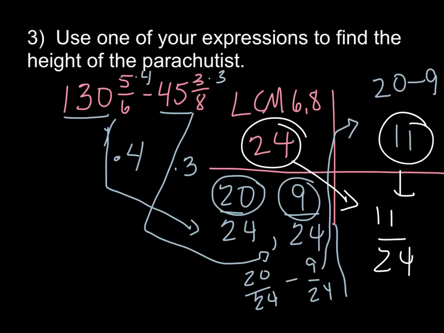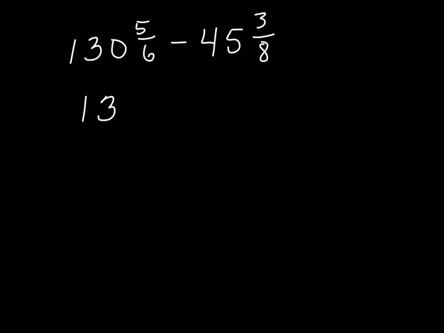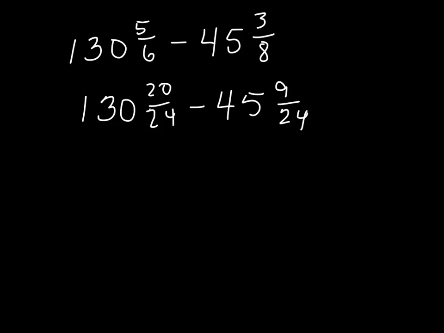So let's rewrite that again. I've got 130 and 5/6 minus 45 and 3/8. I know that I was able to change that to 130 and 20 24ths minus 45 and 9 24ths.